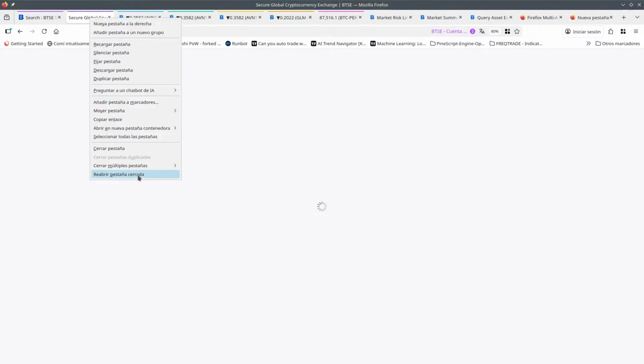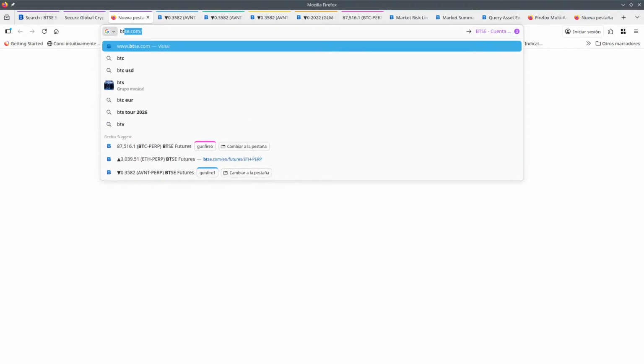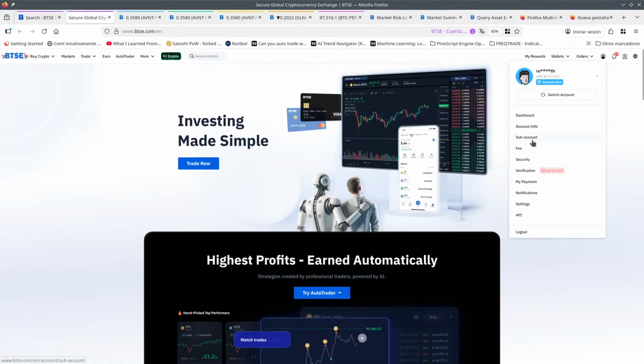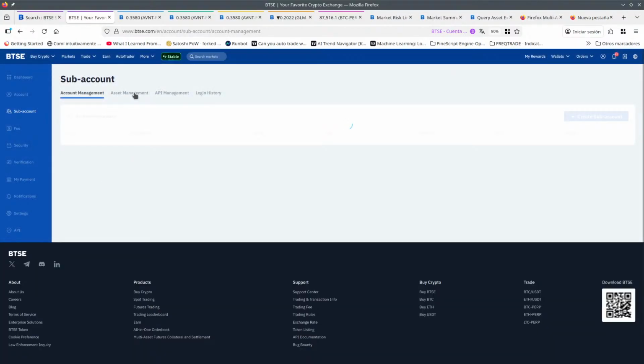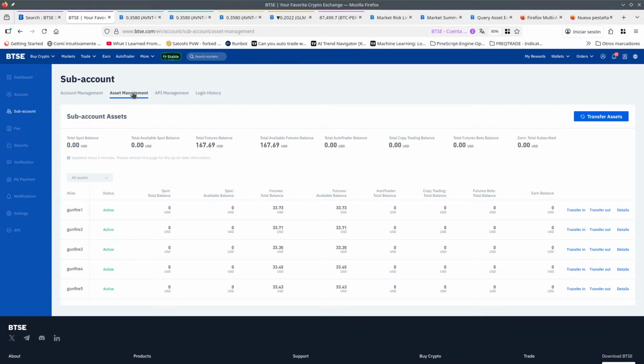BTSE. Oh yeah. So I need to just open a new thread, and I will be able to use this, isn't it? So BTSE.com, and now we should be able to see our trades. Sub account, asset management, and here it is.